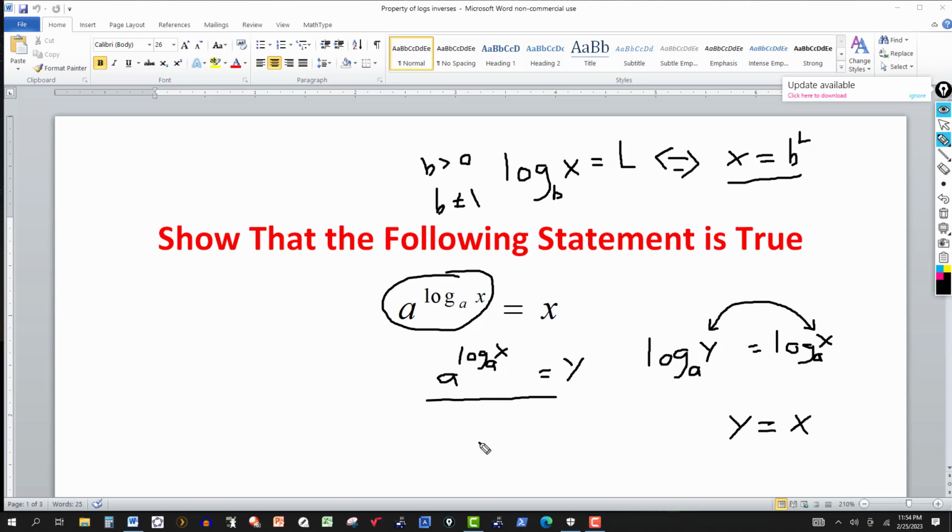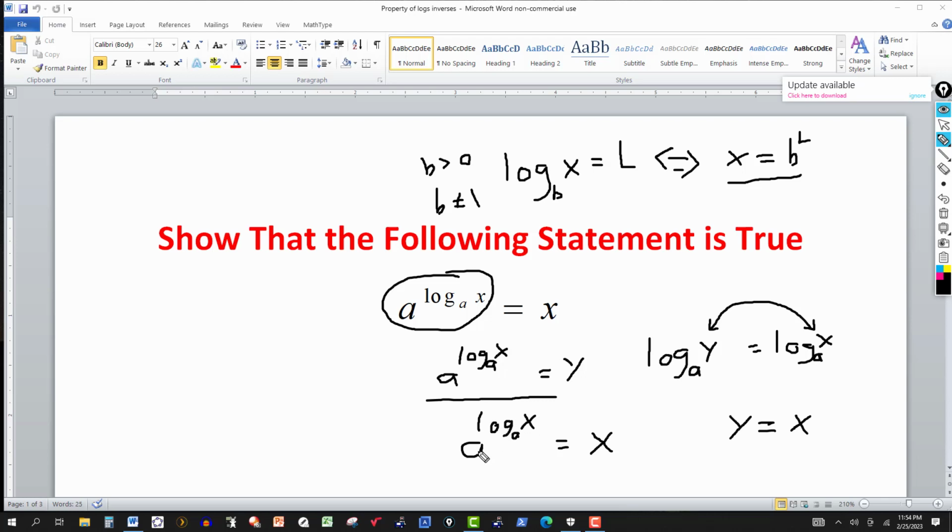We have shown then that a to the power of log x to base a is equal to y, but y is the same thing as x. And that's what we wanted to show.